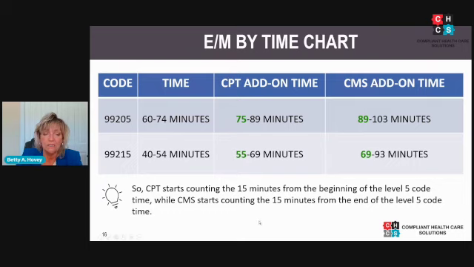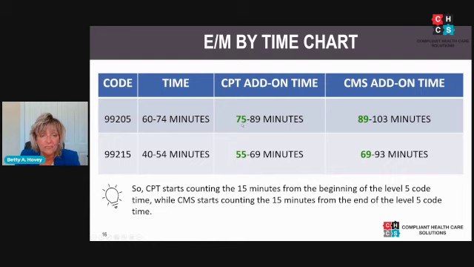CPT starts counting their 15 minutes for prolonged service from the beginning of the level 5 code, and CMS starts counting at the end of the code range. If you look here again, 99205 is 60 to 74 minutes. If you add 15 minutes to 60, you get 75.